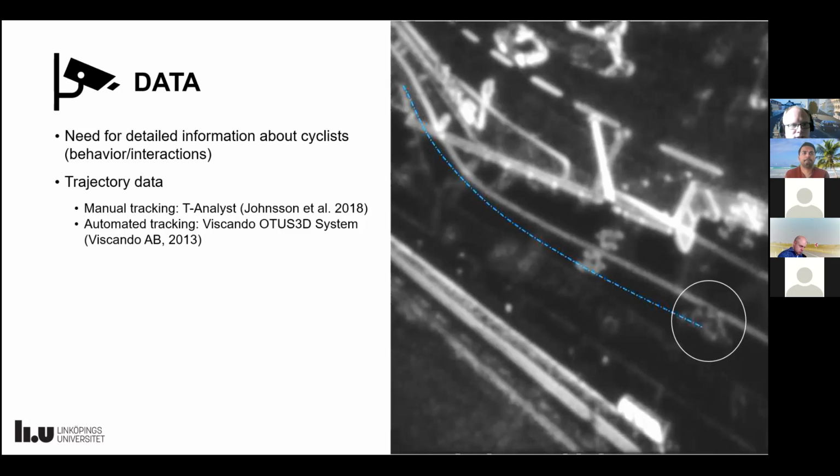So the good thing with this is that it's a fixed camera and you can track for a longer time period, while the drone is maybe capturing a longer distance, but it's still extracting trajectories of cyclists is more difficult than cars apparently.